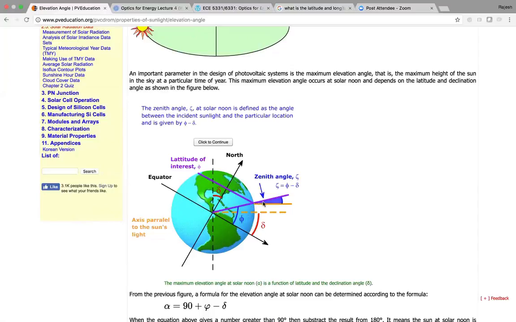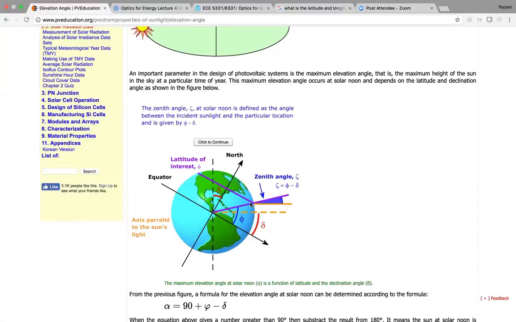The angle that the normal to the surface makes with the rays of the sun is referred to as the zenith. Zenith is essentially phi minus delta, where phi is the latitude. The latitude of the position on the Earth is the angle of this radius with respect to the equator, which is shown right there.